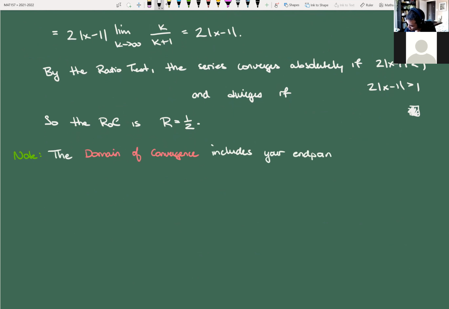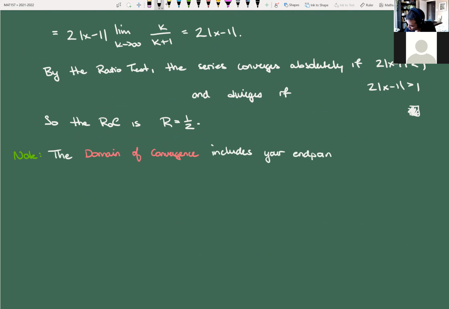However, you can imagine the reason I gave you this one is that it's going to exhibit a different behavior. So let's find out, and then we'll go on break. Example: find the domain of convergence for, and again, I'm just writing out the same one I wrote above, the sum of 2 to the k over k, times x minus 1 to the k.